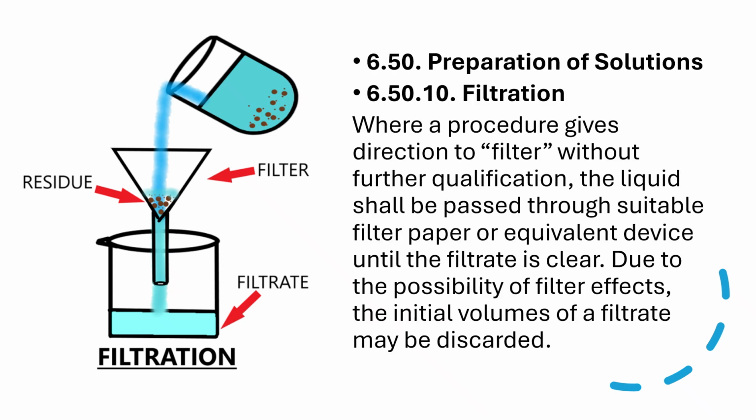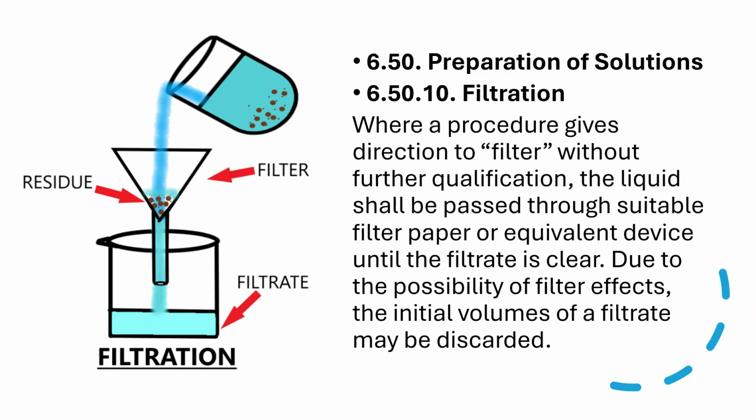Now the next section is 6.50, that is preparation of solution. For the preparation of solution, there are different subsections. The first is 6.50.10, that is filtration. When a procedure instructs to filter without further qualification, the liquid should be passed through a suitable filter paper or an equivalent device until the filtrate is clear.